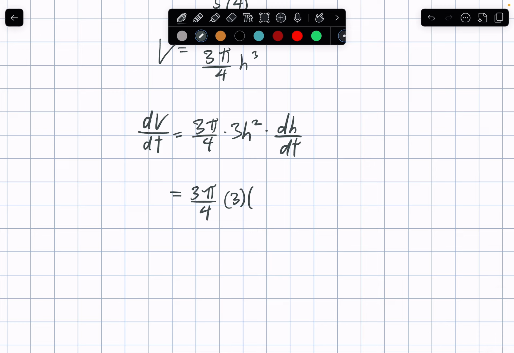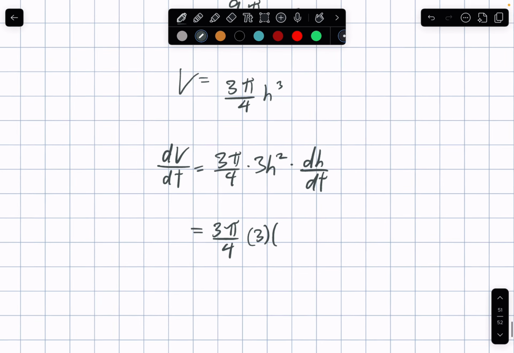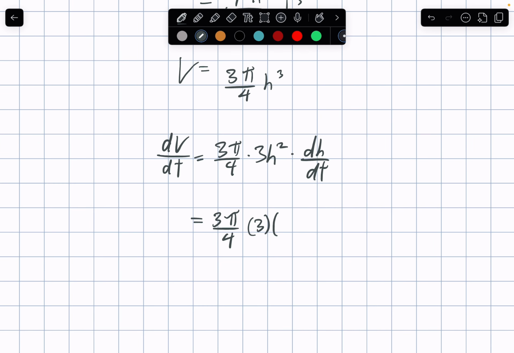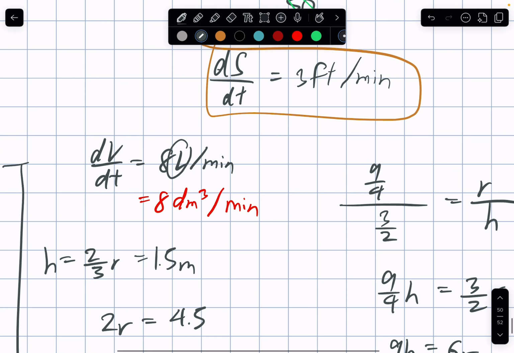Is it? I think there's something with the units. Okay, so 8 liters per minute, decimeters, right?